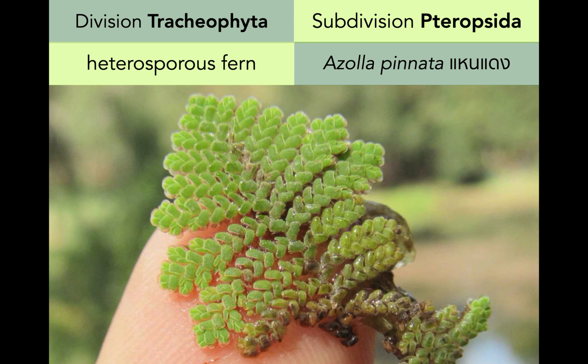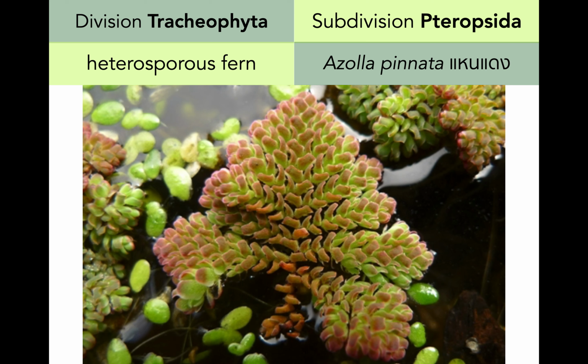The second one you want to know is called Azolla pinnata, or Naedang in Thai. This one looks a bit less like a fern and more like a duckweed, or kaipom, if you're familiar with them. It's very common in water sources, and this looks very red, but it only goes red when it's exposed to the sun.